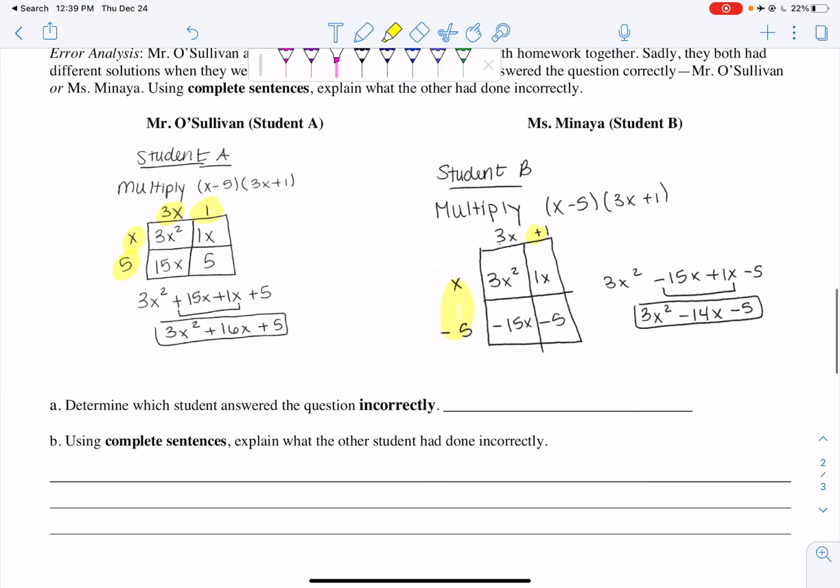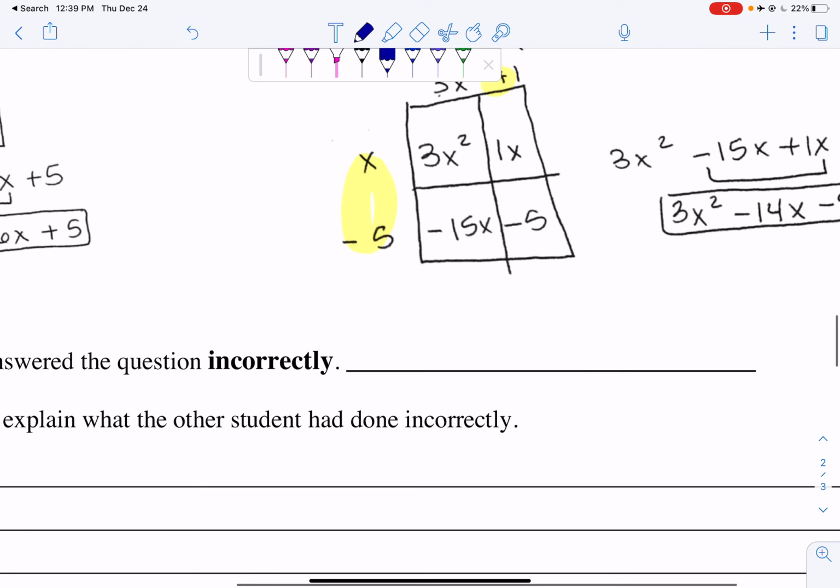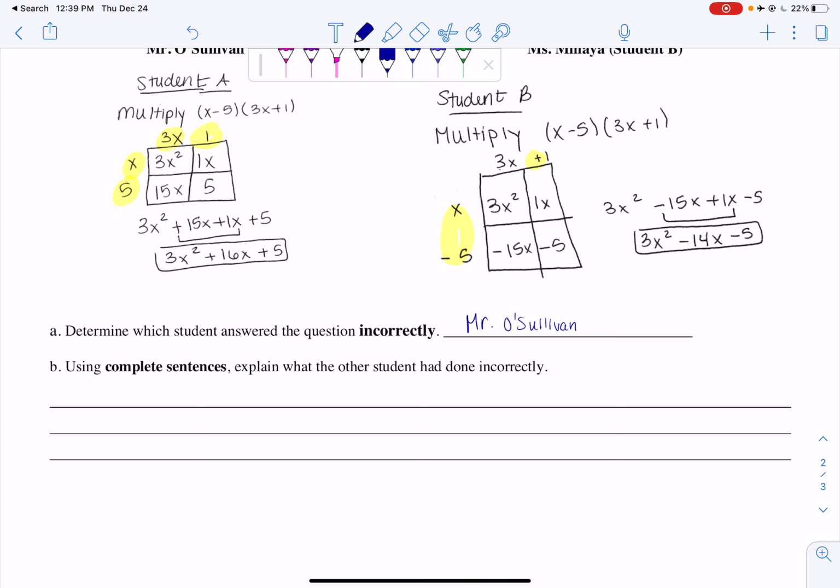So which student answered the question incorrectly? It's pretty straightforward. Mr. O'Sullivan is the one who answered the question incorrectly. Now, using complete sentences, explain what the other student had done incorrectly. So, what Mr. O'Sullivan did was, he did not keep track of his signs.